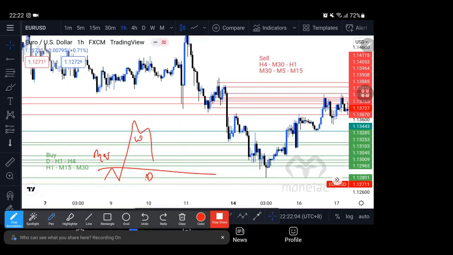We want to swing, so we expect the price to go up, maybe breaking this, but we have to monitor the breakout on the lower, breaking from one time frame to another. Then we can confirm whether it can go up until breaking this bias or it cannot.